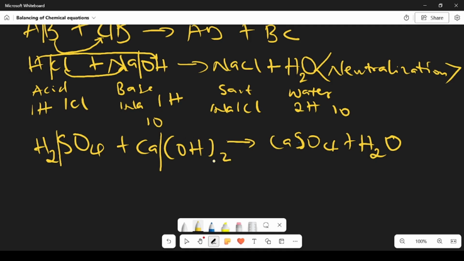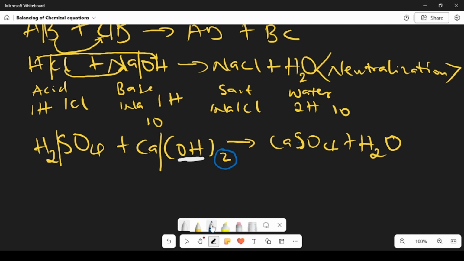And it's very important to understand that the value outside the bracket will always govern everything inside the bracket. Let me repeat: the value, which is this 2 outside the bracket, will govern everything inside the bracket. So here you will have 2 atoms of oxygen and 2 atoms of hydrogen.